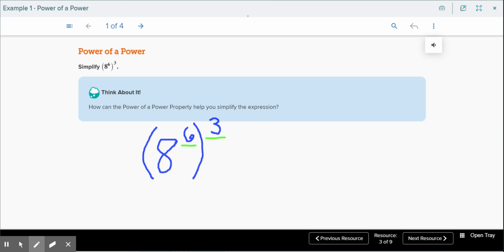Anytime that we have that double exponent, we're going to take our two exponent values and multiply them together. So this is equal to 8 to the 6th times 3, and when we multiply those together, we can simplify this out as 8 to the 18th.